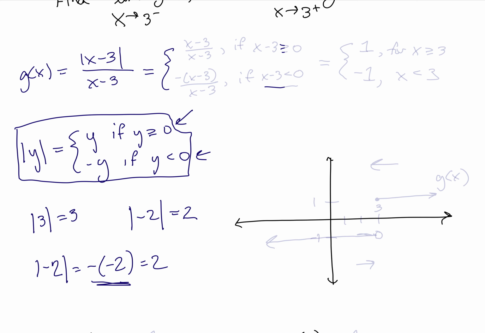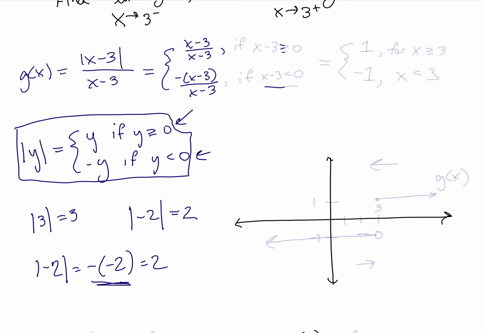What is that equal to? Well, when x minus 3 is positive, it's equal to x minus 3 over x minus 3. And when x minus 3 is negative, that's equal to negative x minus 3 divided by x minus 3, the opposite of what's inside.